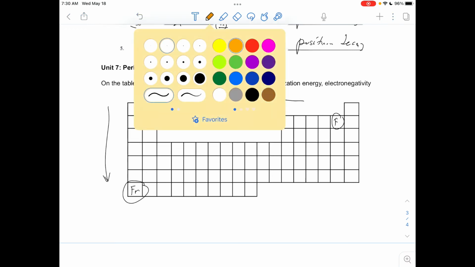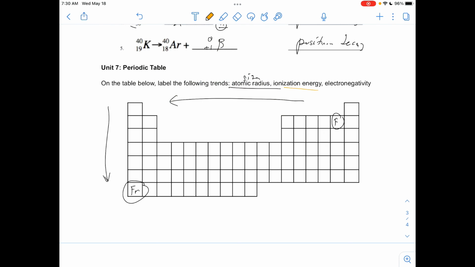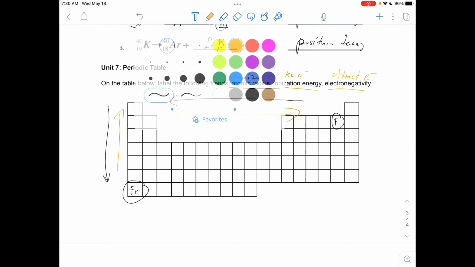For ionization energy, and I'll do it in a different color, it increases as you go up and to the right. Ionization energy is the energy needed to take an electron. Electronegativity is its ability to attract an electron, or I like to think of it as how badly it wants an electron.